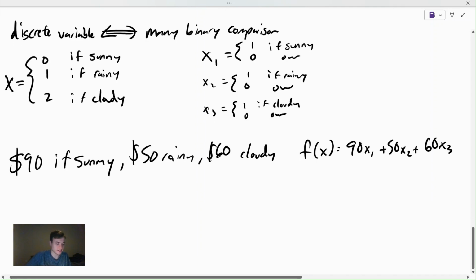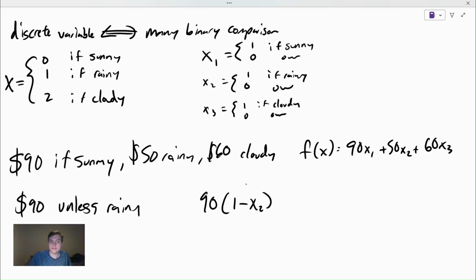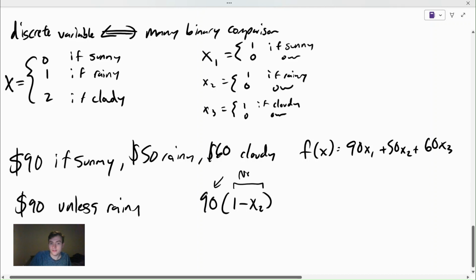But anyways, let's look at another example of an expression. Let's say we make $90 unless it's raining, right? So we could do 90 times (1 minus x2), because this is going to be 90 when x2 is 0. When x2 is 1, it's going to come out to 0. So this is like the not operator saying when it's not rainy, we make $90.